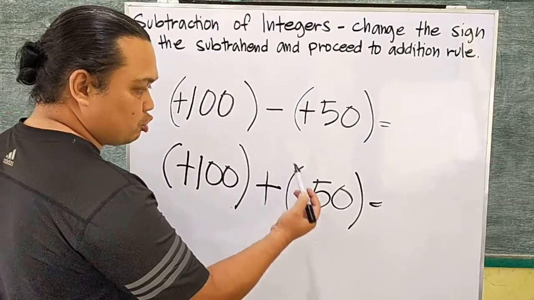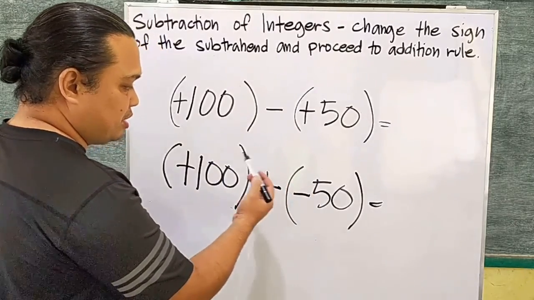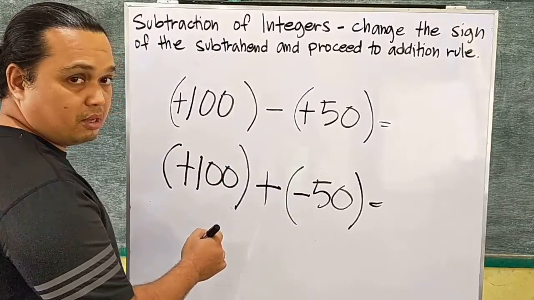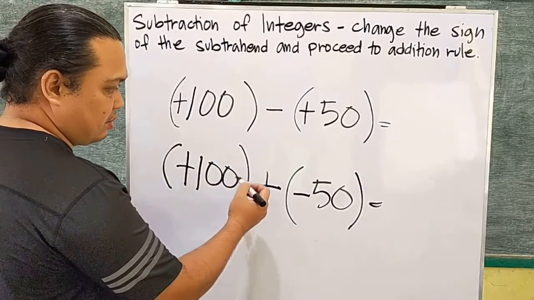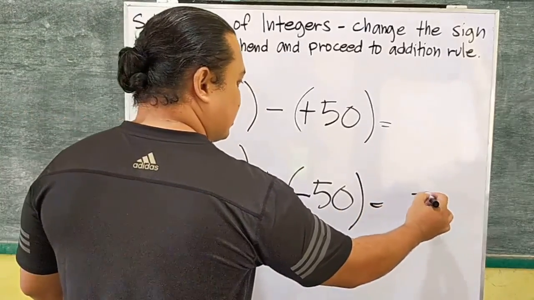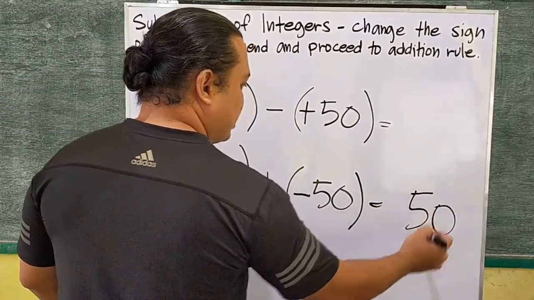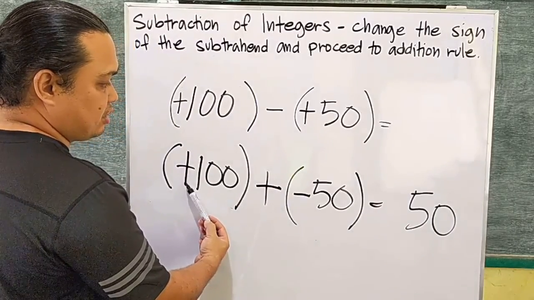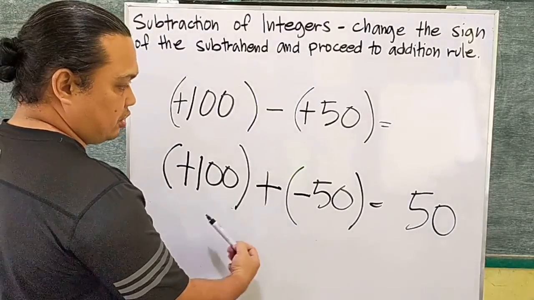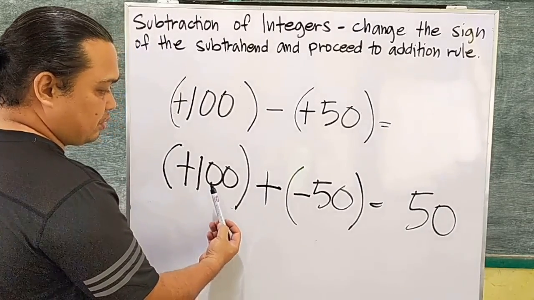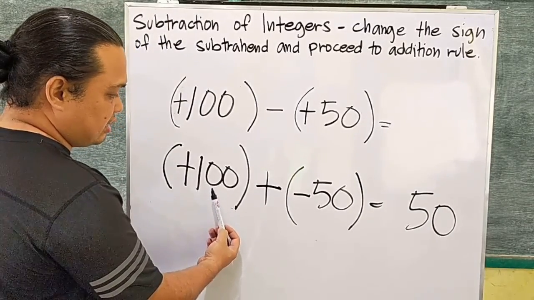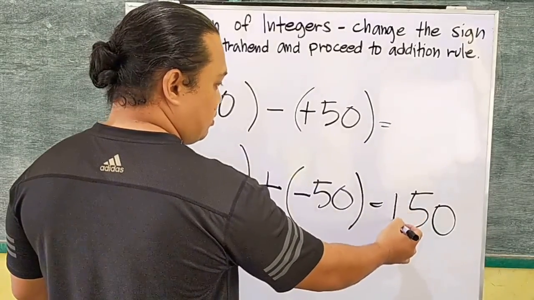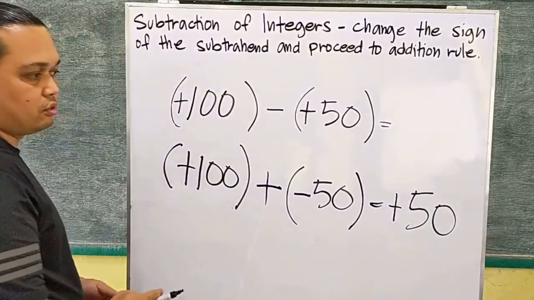Subtract the smaller number from the bigger number. So let's do that. 100 minus 50, and that is 50. And copy the sign of the number that has the greater value, and in our case here, 100 is the greater number. And its sign is positive. So therefore, our sign here will be positive also.